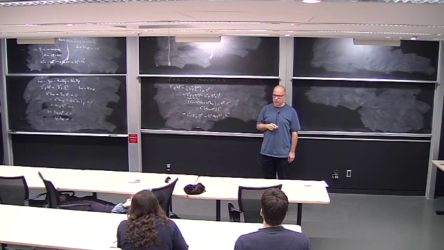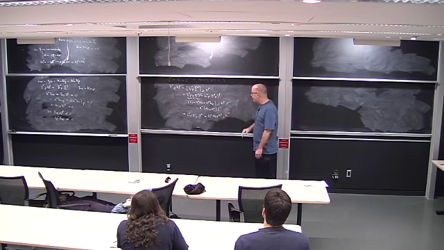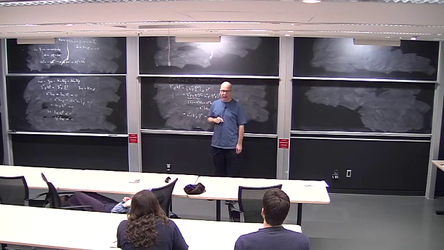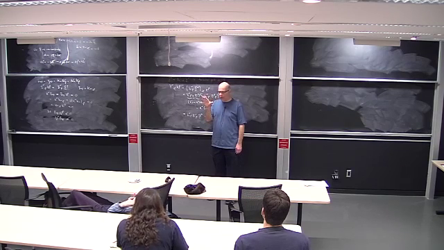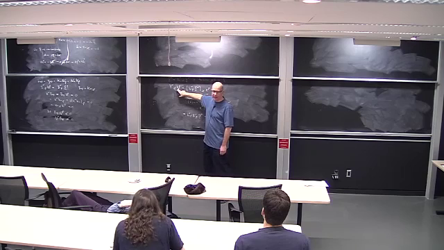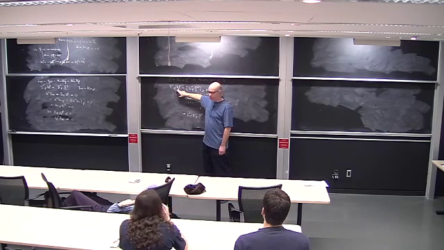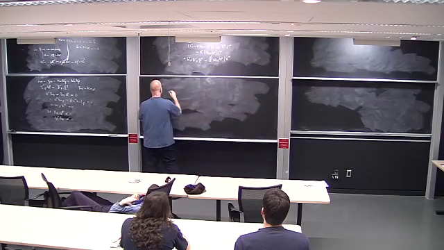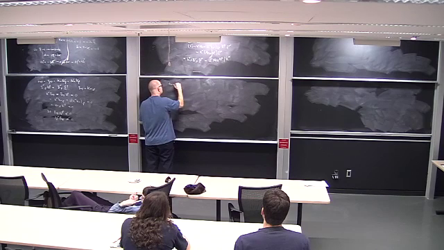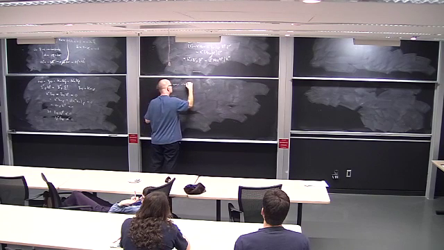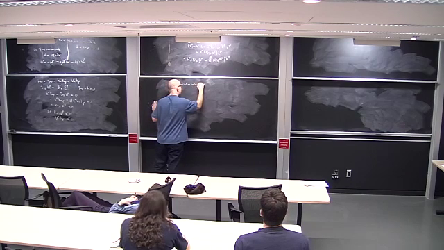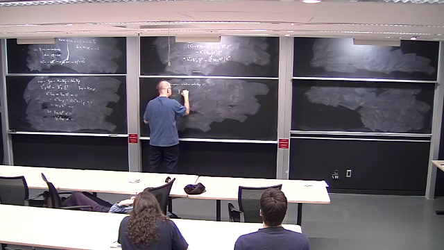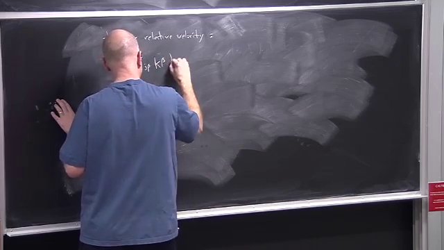I can't deny this. But what I can say is that this is not quite the notion of relative velocity I wanted to have. The notion of relative velocity I really want is the one where I take this and I project it down to the transverse subspace. So the transverse relative velocity between neighboring geodesics is this vector that I just calculated that I'm going to project.